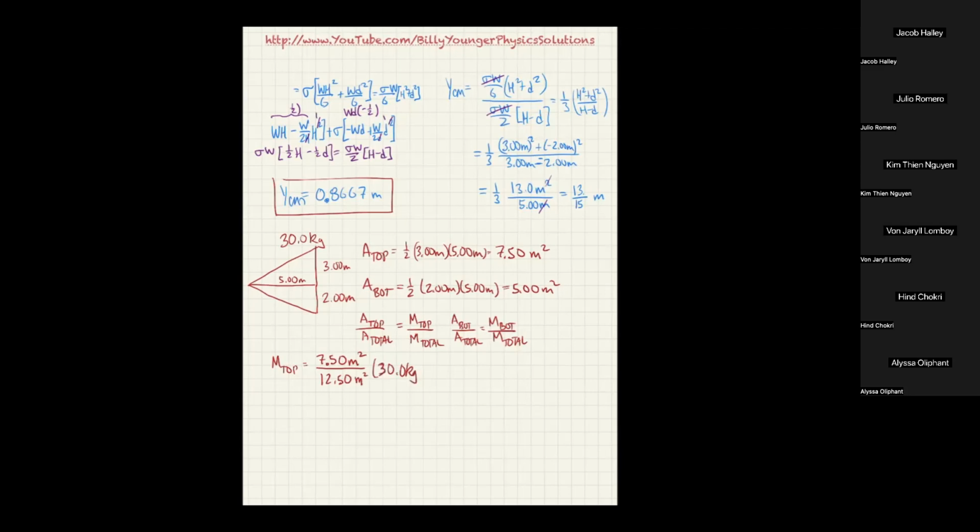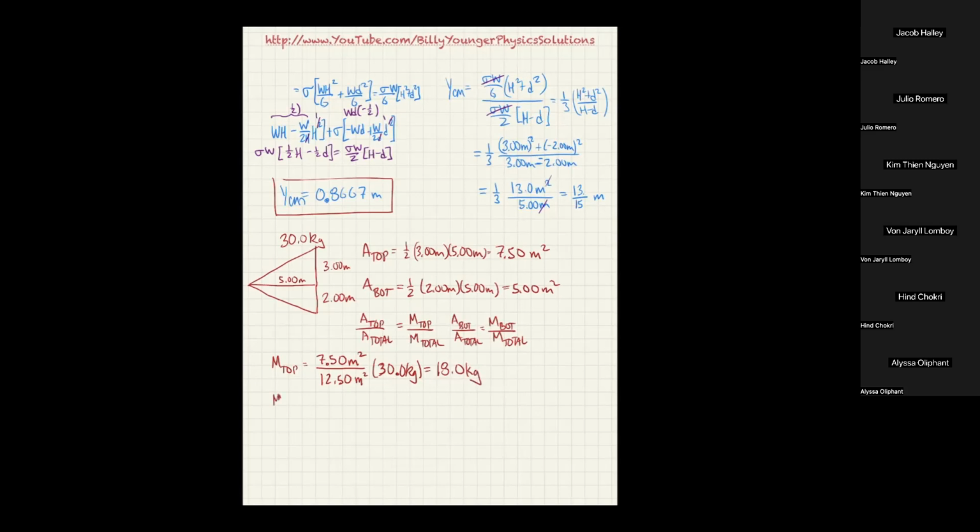Now that gives me the mass of the top. So 7.5 divided by 12.5, which is 0.6, times 30 gives me 18. So this one's going to have a mass of 18.0 kilograms.